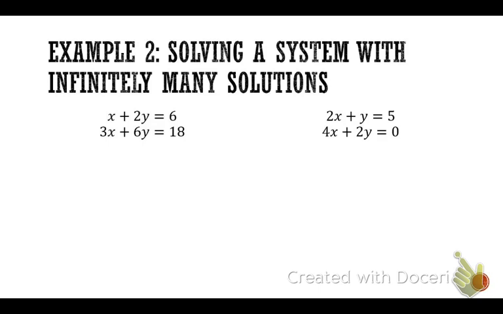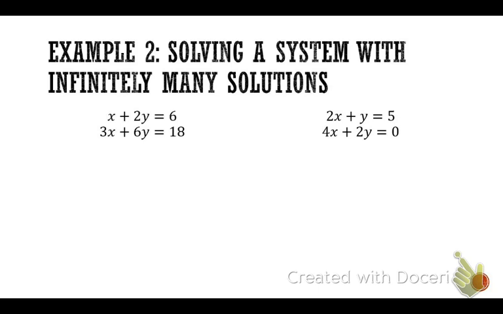Okay? We're looking for a clear connection between our x's or our y's. What could I multiply my x term by to get my x's to cancel? Or what could I multiply my y term by to get my y's to cancel? Okay? What do you think?